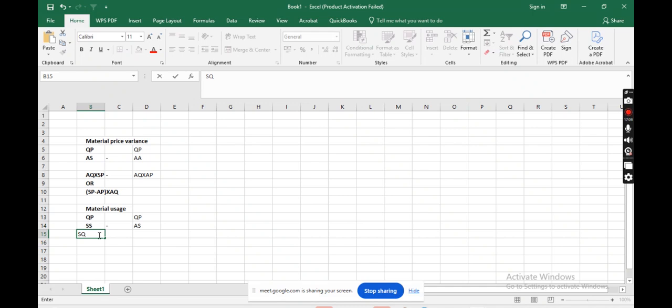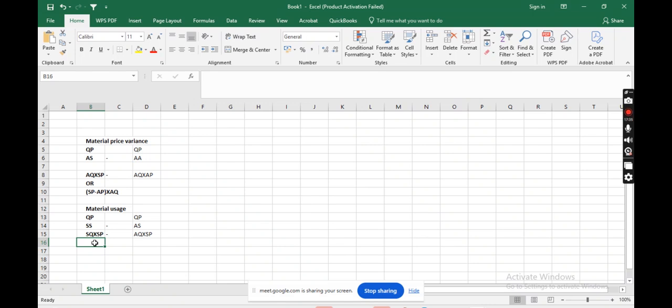Standard quantity times SP, the standard price, right? Minus actual quantity times the standard price. Class, you can see here which one of these is common? The standard price.